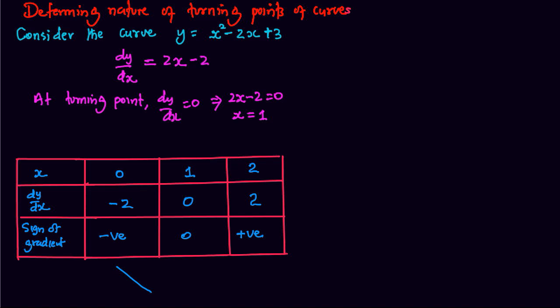Zero gradients is a turning point, and positive gradients flows from right to left, and therefore this type of turning point is a minimum. So this gives us a minimum turning point.